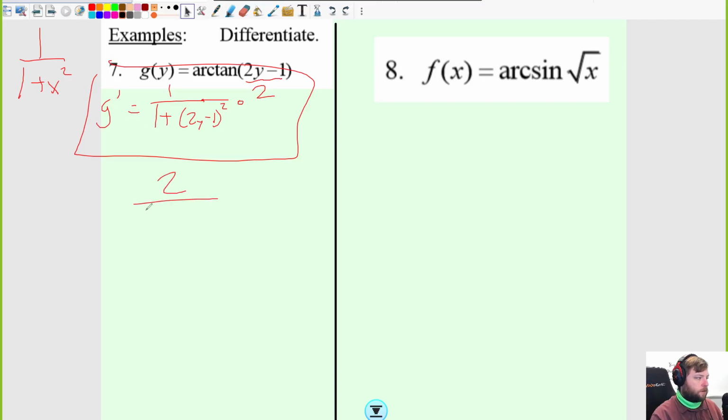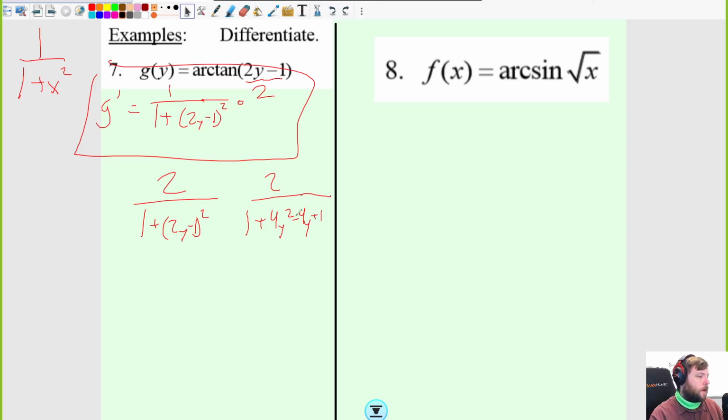You'd like to write it 2 over 1 plus (2y minus 1) squared? Sure. Could you expand those out? Sure, but why? Actually, could you? 1 plus, this would expand out to 4y squared minus 4y plus 1.